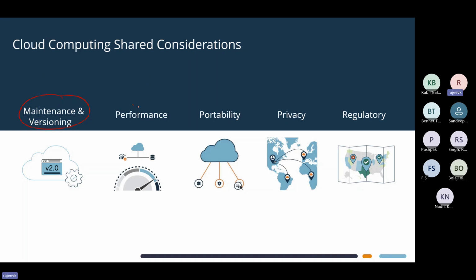Then the performance of the product which you are purchasing, right? Think about a situation that you are purchasing a virtual machine with 8 processors and maybe 32 gig of RAM. So you are expecting very good speed, specifically very good read and write and processing speed. But while you are doing your task, it is not giving you efficient performance.